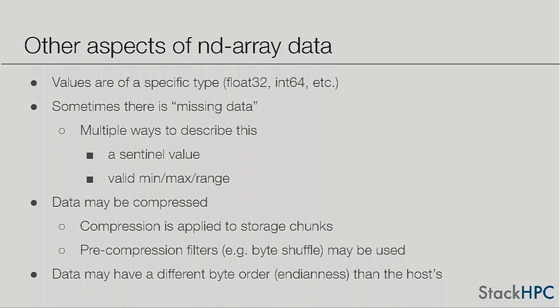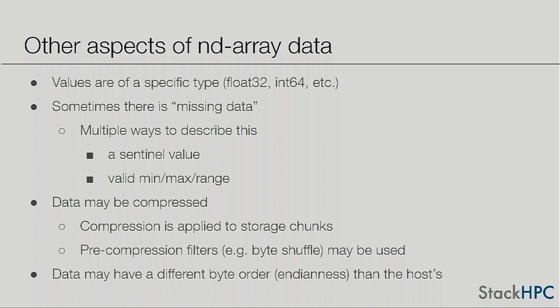So what other things do we have to consider with multidimensional array data? Well, it can have different types. So it could be floating point or signed integer, different precision. Sometimes you get missing data. Perhaps the sensor wasn't working at a particular time, or perhaps some area of the array just doesn't make sense for that data set. How do you describe that?